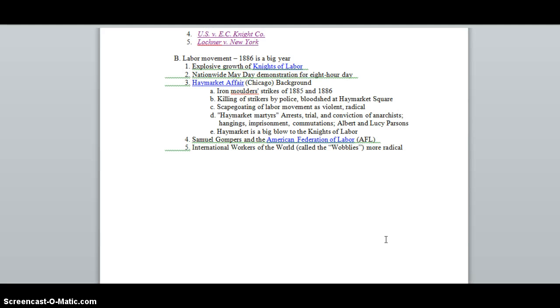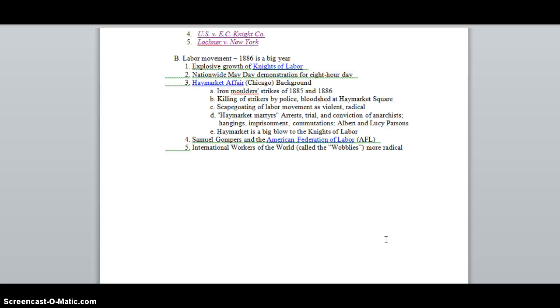Okay, and finally, we've already talked a little bit about the labor movement, but I just wanted to remind you of 1886 being a big breakout year for the formation of labor unions. One of the largest labor unions was the Knights of Labor, and they really were pushing for an 8-hour day.